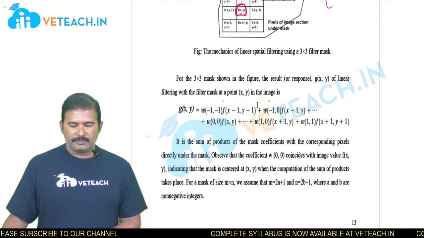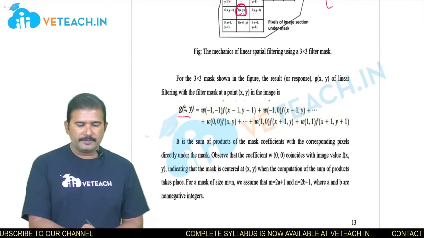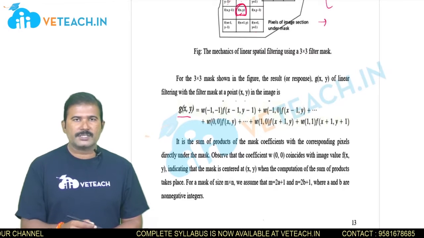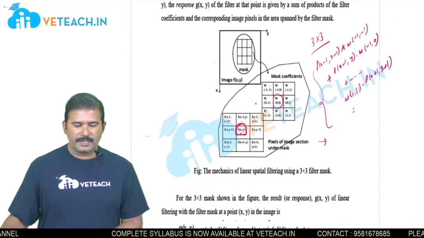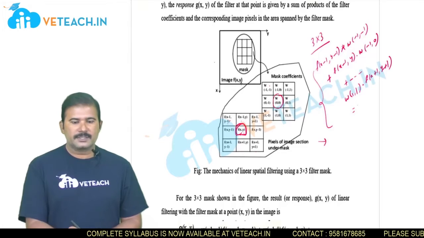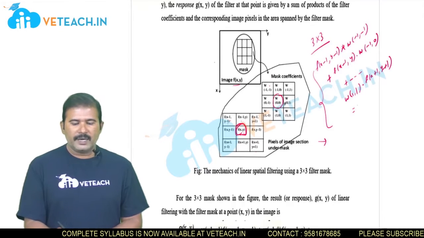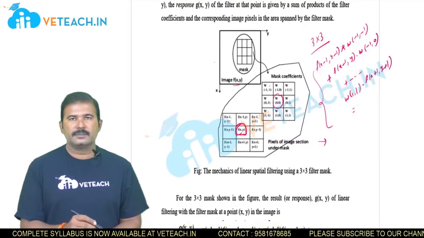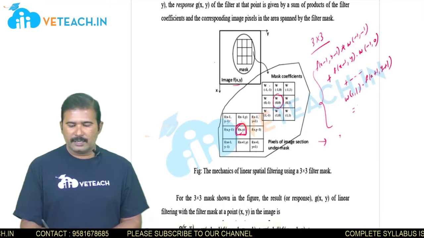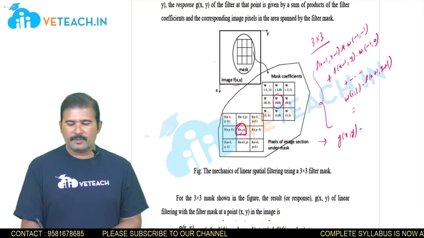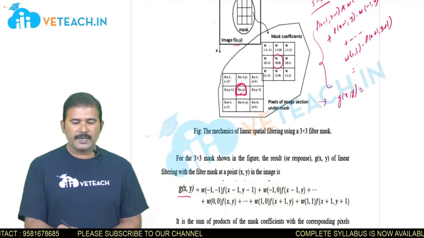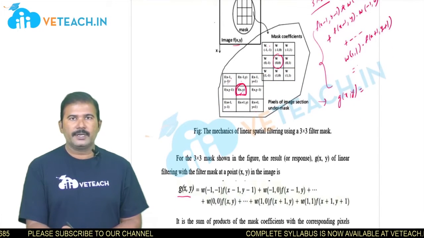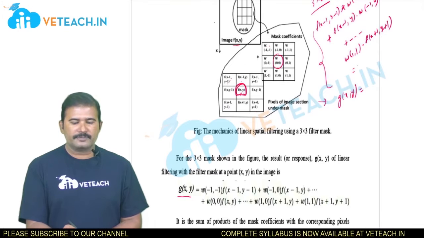In equation form, the resultant value g(x,y), that is, the center pixel value after processing, is obtained by performing this filtering on f(x,y) with the 3x3 mask: multiplying the corresponding coefficients of the image and the filter and summing the products.